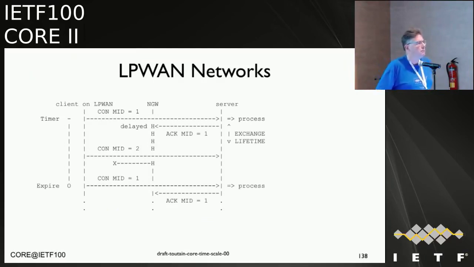The fact that you are in a network that exhibits that behavior is not going to change at the level of each individual CoAP message. So you're not going to send that information with every CoAP message. That would be a waste. Instead, you send it during registration once, and then the infrastructure takes care of it.